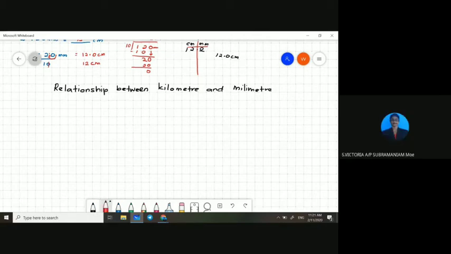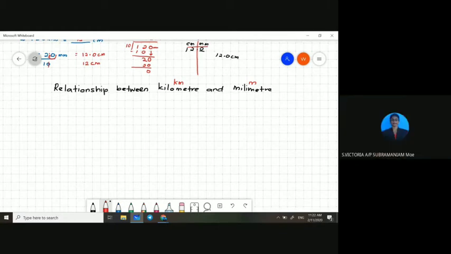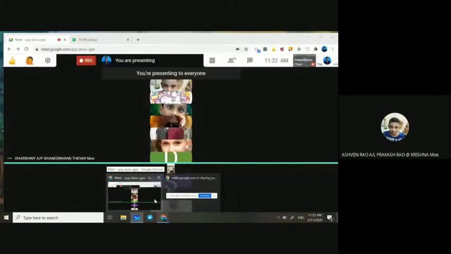For kilometer we use km and meter we will use m. Correct or not? Correct, teacher. Please draw T for kilometer and meter. I want to see. Draw T method. If you finish, let me know.